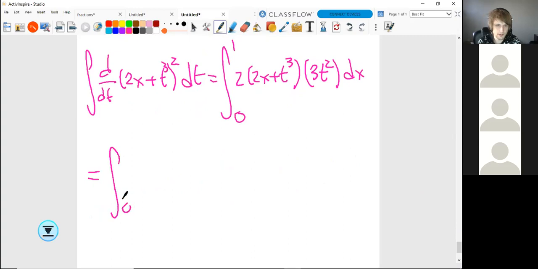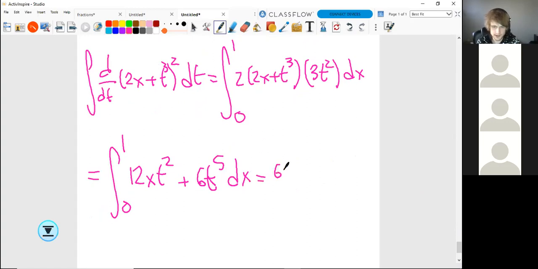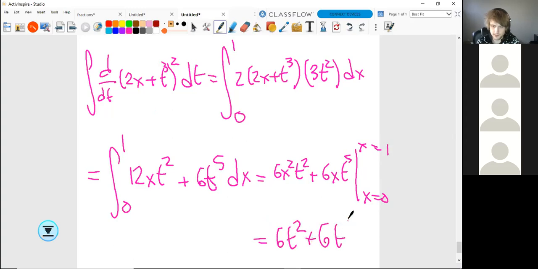So that is equal to the integral from 0 to 1 of 12x t squared plus 6t to the 5th dx. And so this is 6x squared t squared plus 6x t to the 5th, evaluated from x equals 0 to 1, which is the same thing as we got before: 6t squared plus 6t to the 5th.